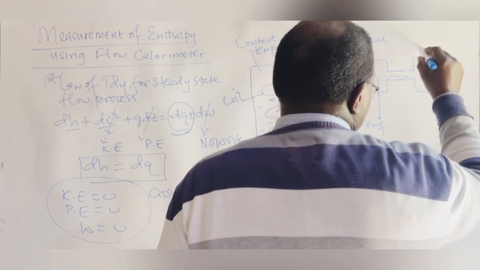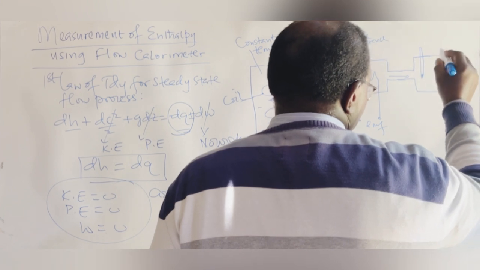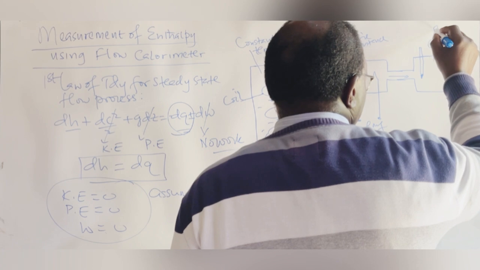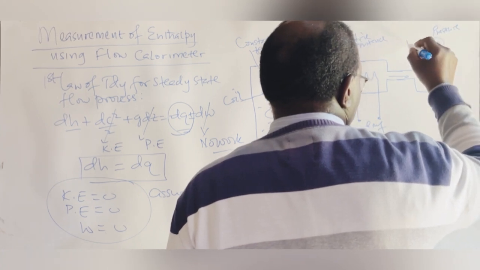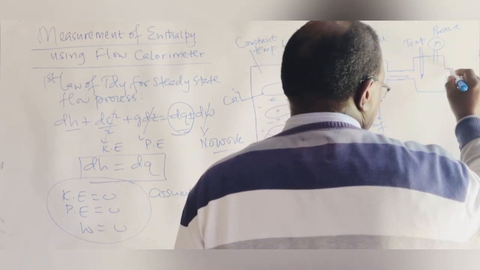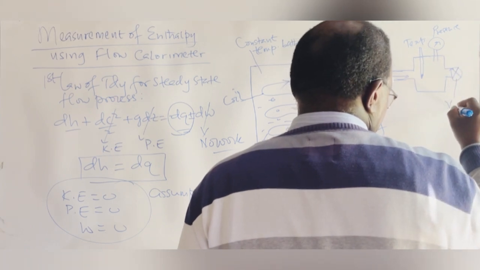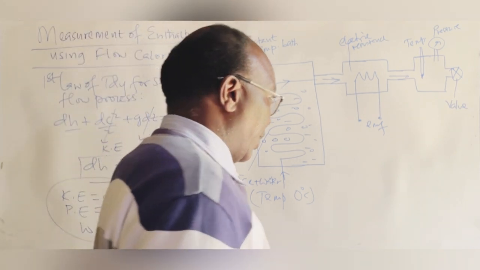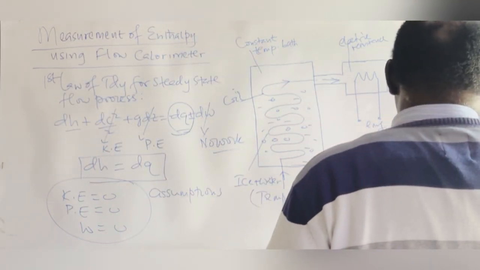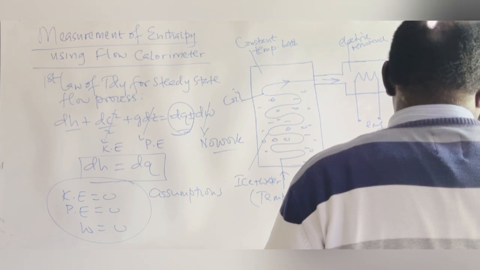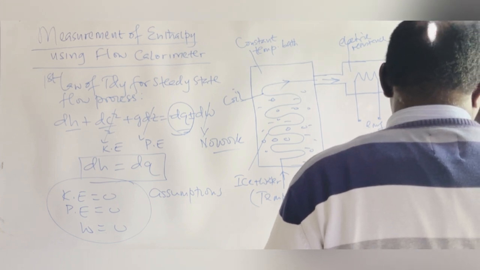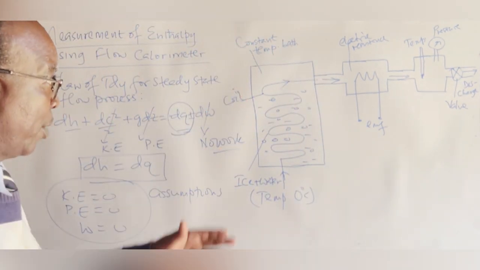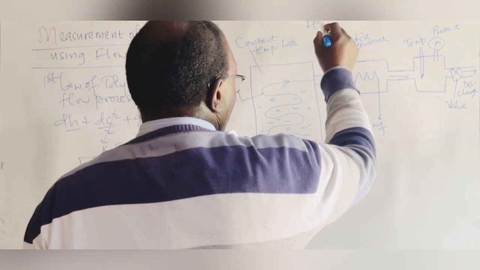So let's say that's a thermometer for measuring temperature, and that's a pressure gauge for measuring pressure. Of course, we have a valve here. A valve is a release gadget so that you can close it or open it. And then of course we have the discharge. So this is a schematic of our flow calorimeter.